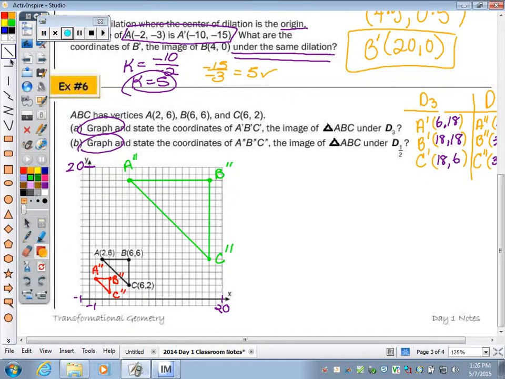So now I want you to take a line, though, and let's add to the picture. Again, the center of dilation is the origin, so take and put your straight edge here and I want you to draw a line straight through A prime, A double prime. And you can notice that all of the points within those images are collinear.